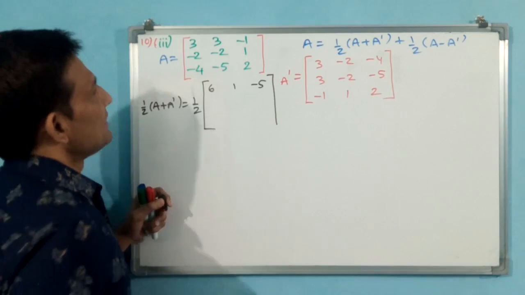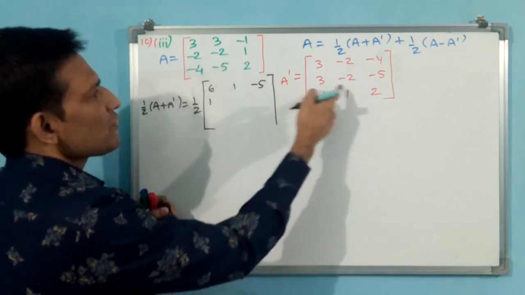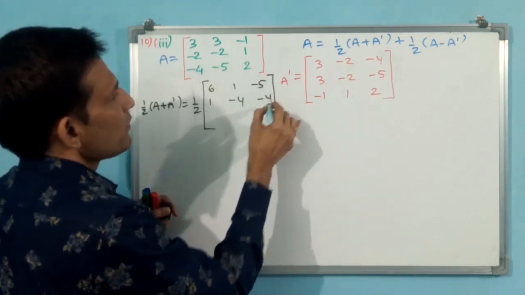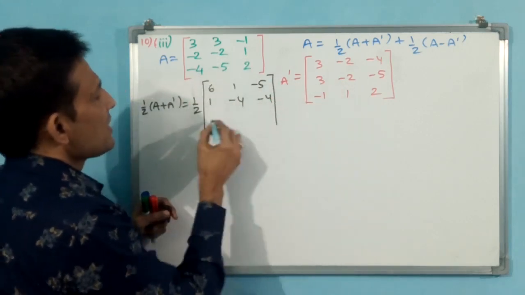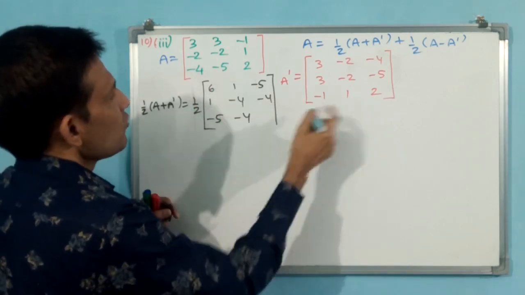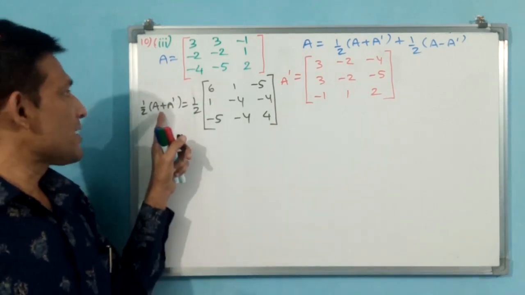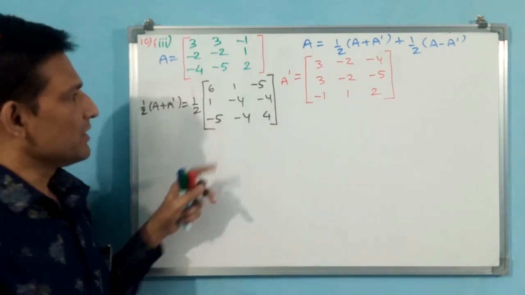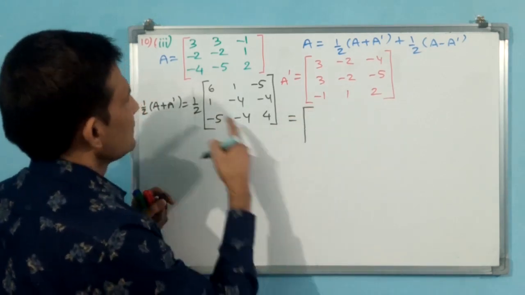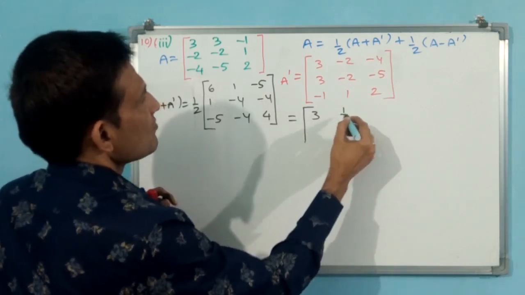Minus 2 plus 3 is 1. Minus 2 minus 2 is minus 4. 1 minus 5 is minus 4. Minus 4 minus 1 is minus 5. Minus 5 plus 1 is minus 4. 2 plus 2 is 4. This is 1 by 2 (A plus A transpose), with 1 by 2 outside. Again you have to send 1 by 2 inside.